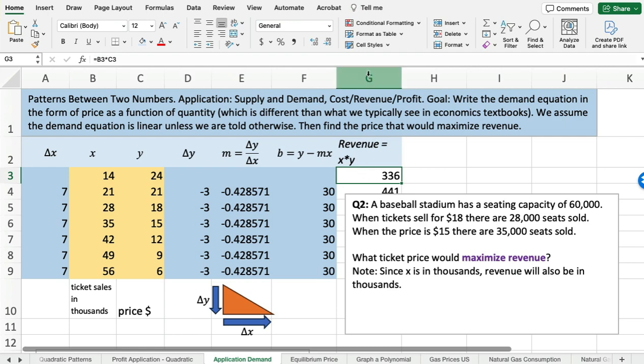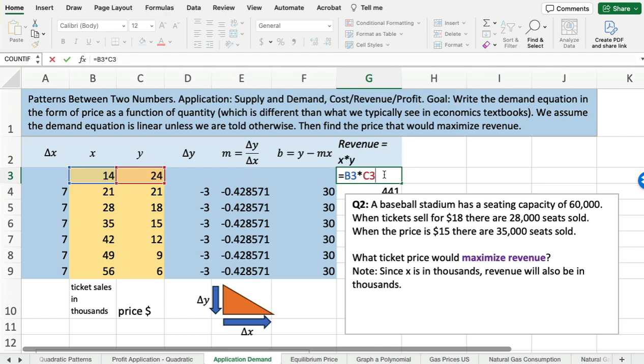Over here in column G, I've added a new column. Revenue equals x times y, because x is the quantity and y is the price. I typed in the formula for that in column G. The very first value on our table is when x is equal to 14, in other words, 14,000 tickets sold.